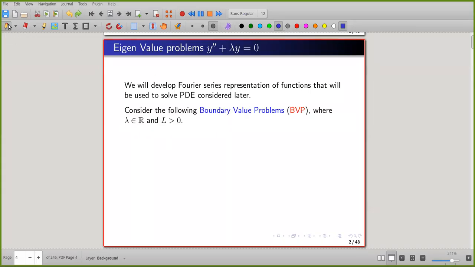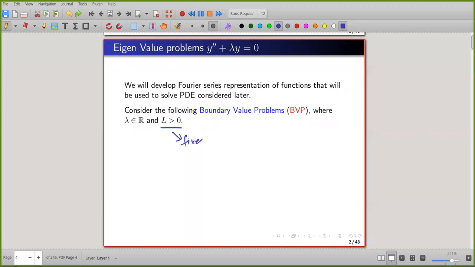So let's see what we will do today. Consider the following boundary value problems where lambda is in R and L is strictly greater than 0. Here we are looking for lambdas in R, and L is a fixed quantity.